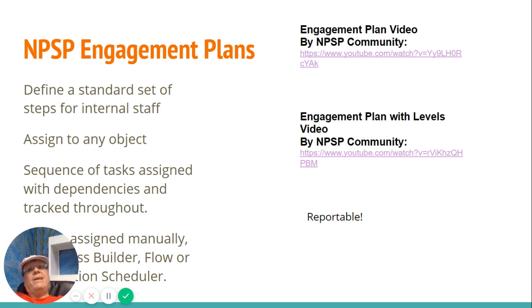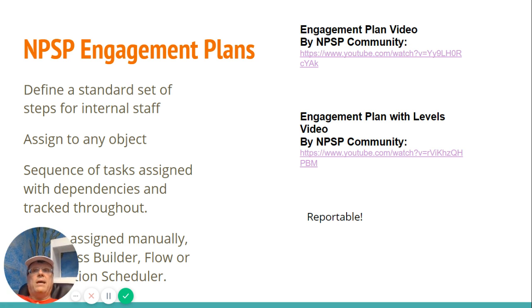It is limited to the internal staff, although it could easily be that an internal staff is assigned to make something happen for our constituent. But engagement plans are inherently limited to people who have Salesforce licenses. We can't assign tasks to people who don't have Salesforce licenses. We can use staff as proxy, but that's all we can do.